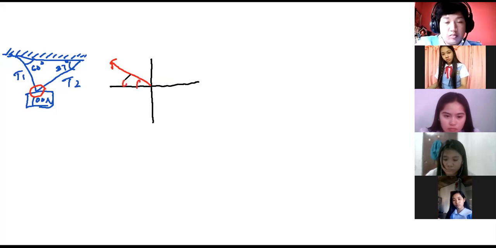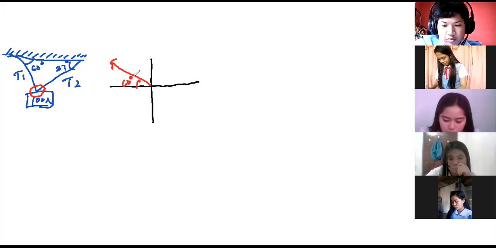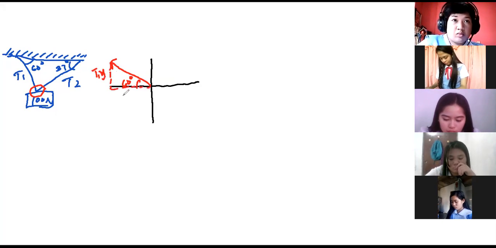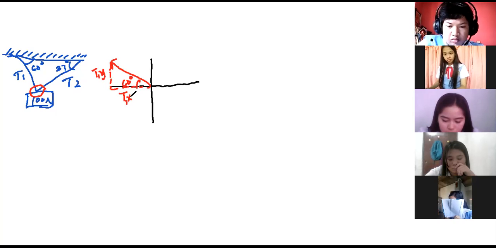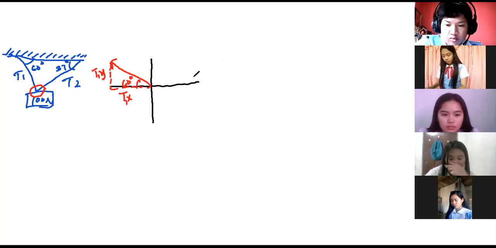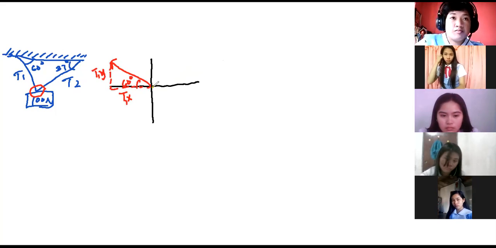So you will have your component in the x, which is tension 1x, and the component in the y, tension 1y. That will be your vector 1 or force 1. Your force 2, which is tension 2, will be right over here.